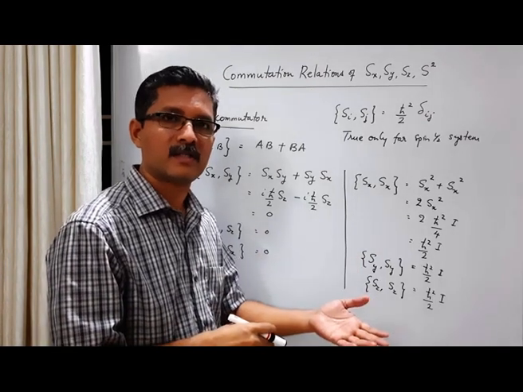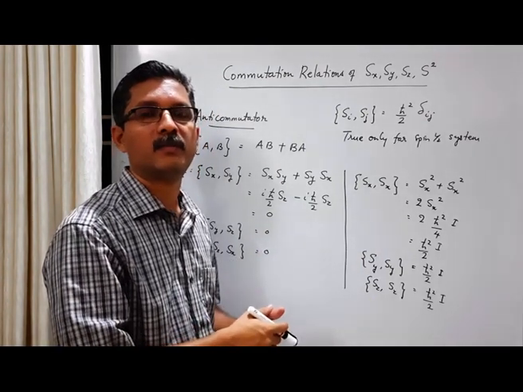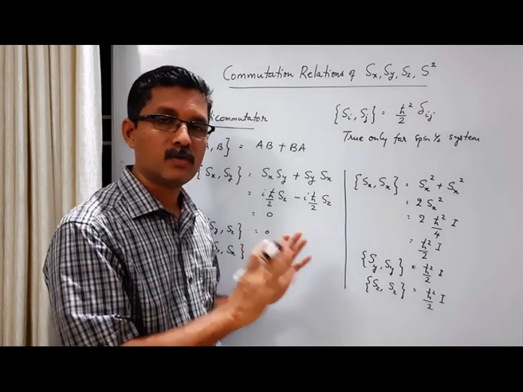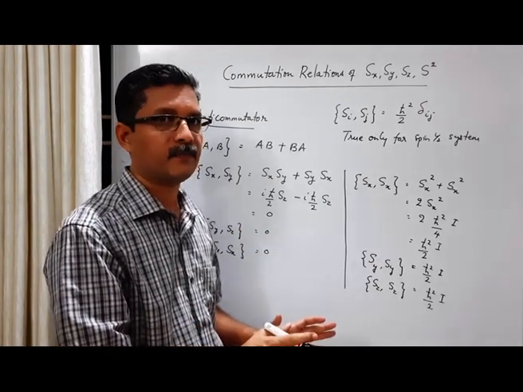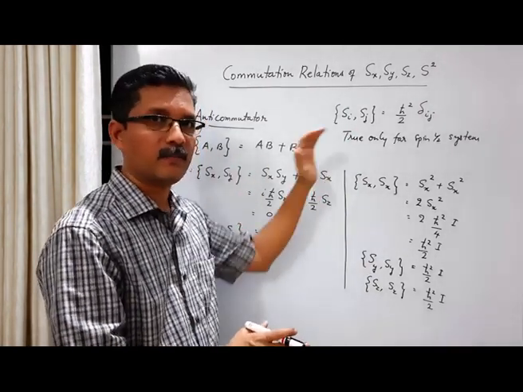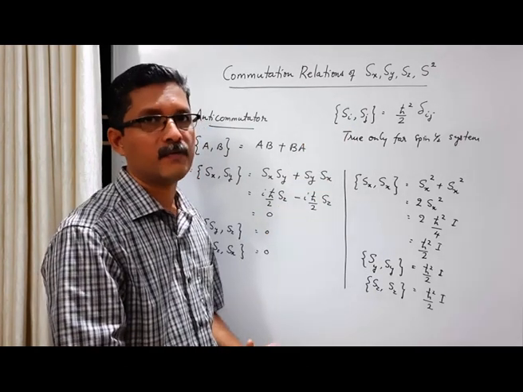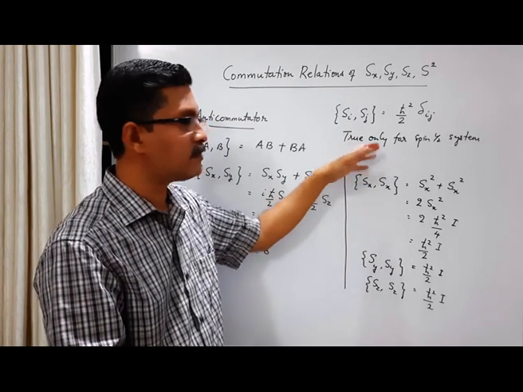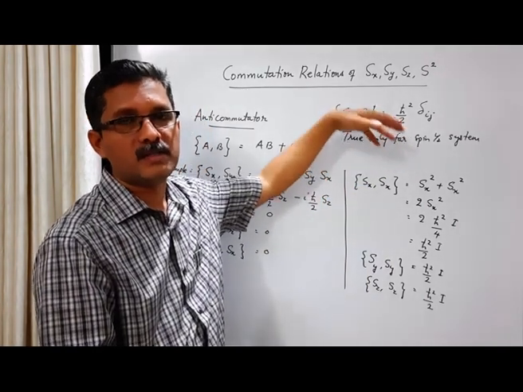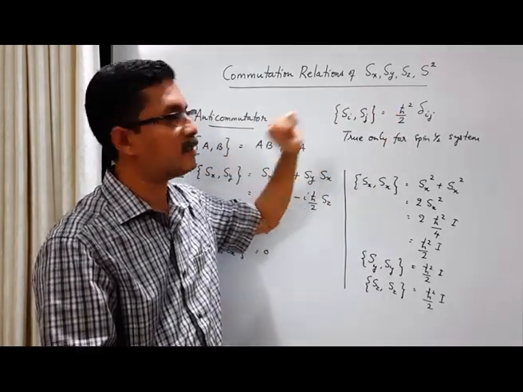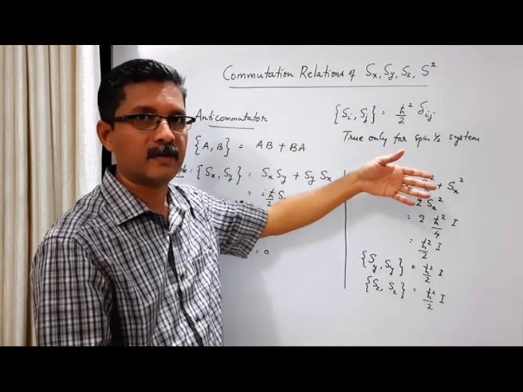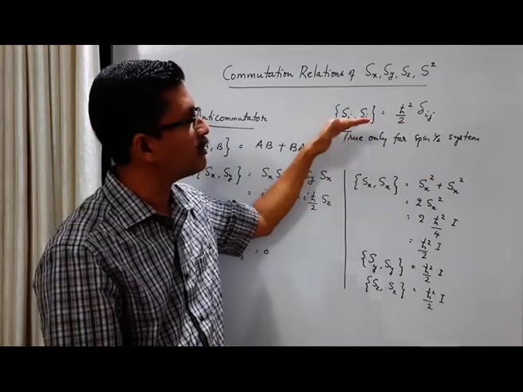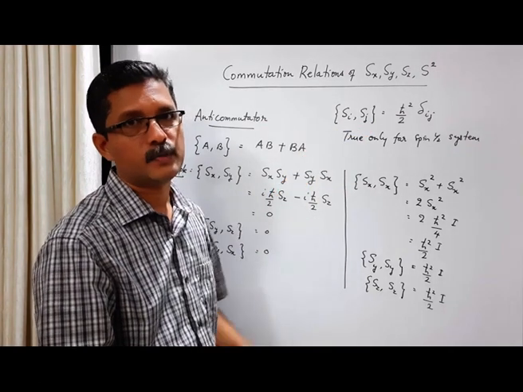The commutation relations, even though we have developed them using spin half system, those are very general. Okay, but this particular anti-commutation relation is true only for spin half system. For higher spin systems, we have to establish a separate, different anti-commutation relation, not this one. Okay, that will be different. So this particular anti-commutation relation is the signature of spin half system.